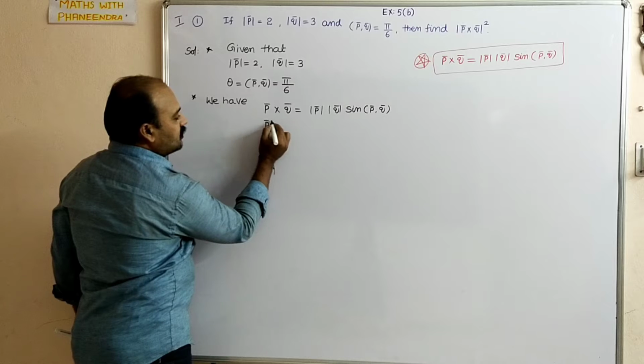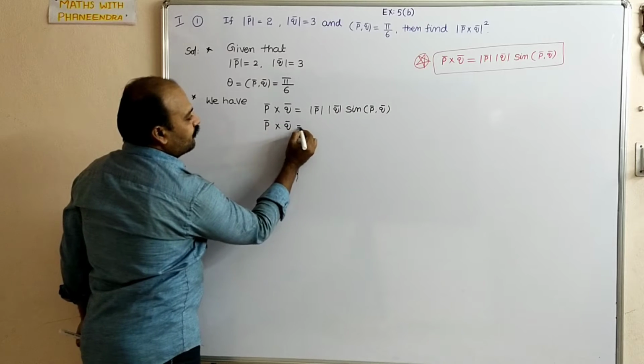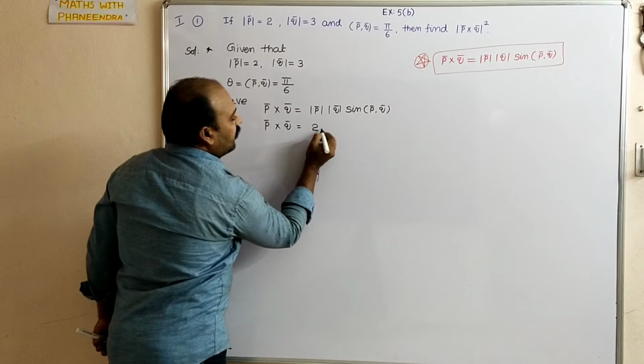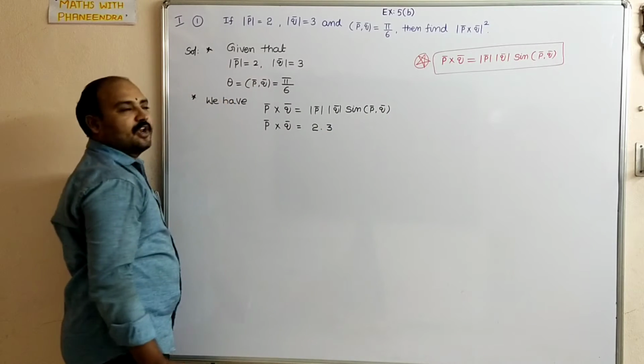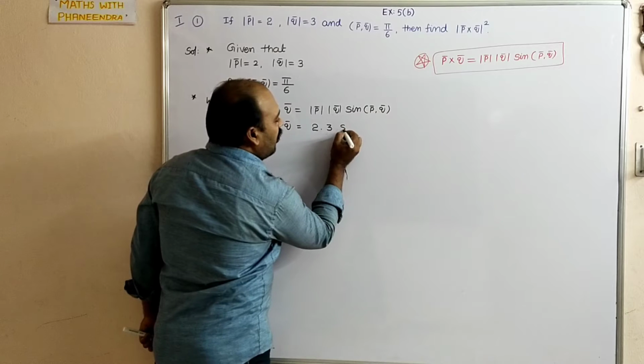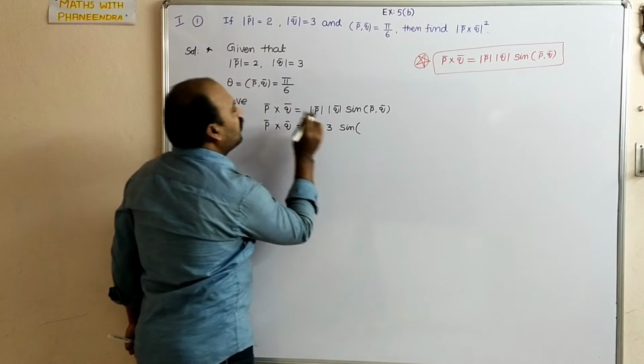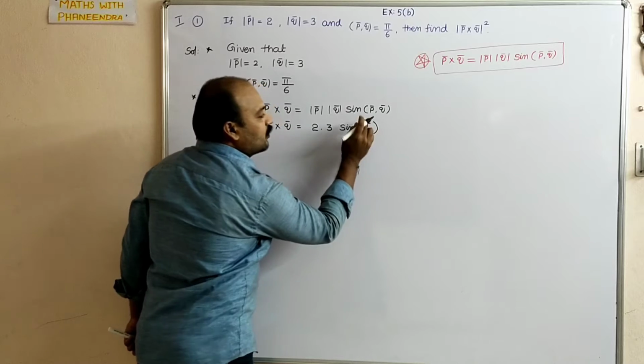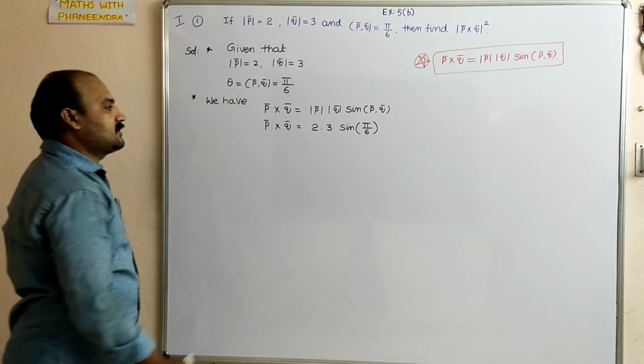So p bar cross q bar equal to mod p bar, the value is 2, into mod q bar, the value is 3, into sine of angle between p bar and q bar, pi by 6. Pi by 6 means 30 degrees, 180 by 6 is 30 degrees.